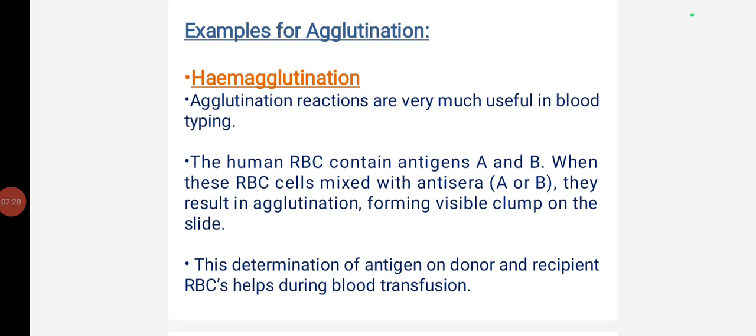Next, examples of agglutination. Hemagglutination. Agglutination reactions are very useful in blood group typing.